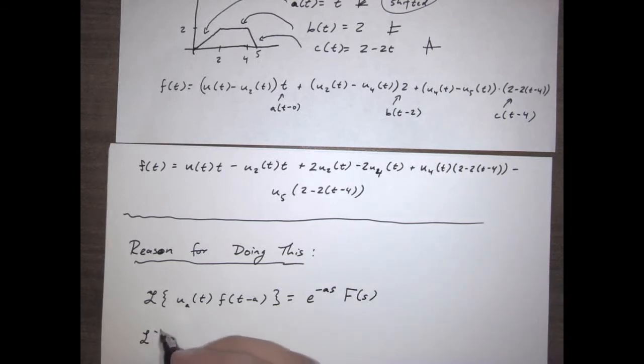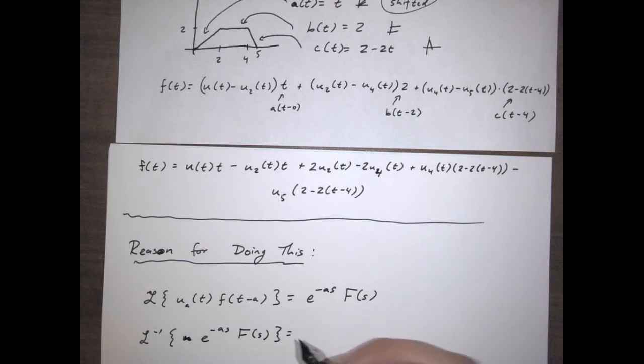And then the Laplace inverse of e to the minus as, capital F of s, is equal to u sub a of t times f of t minus a.